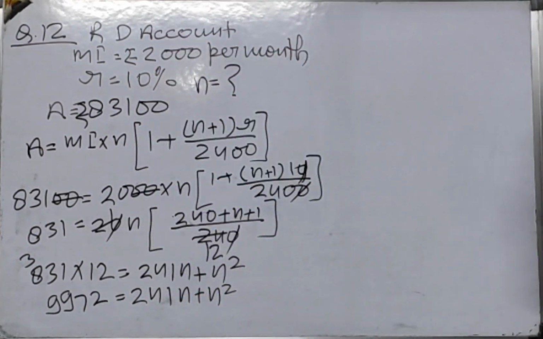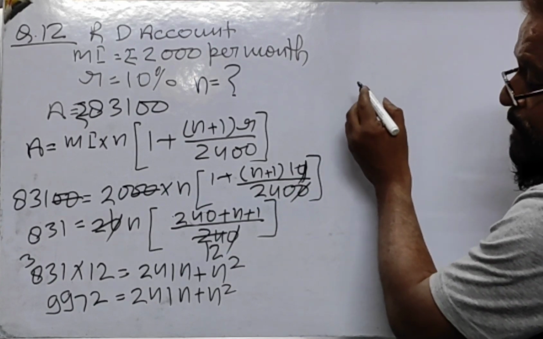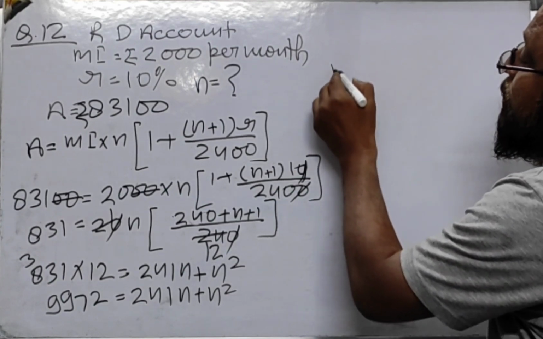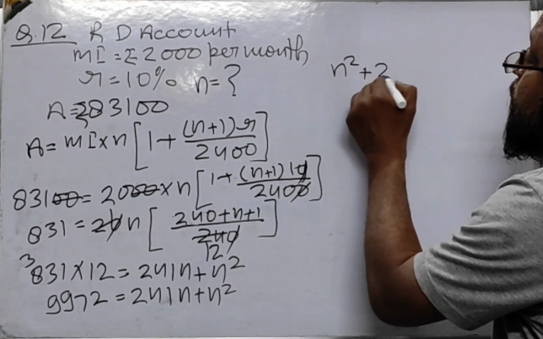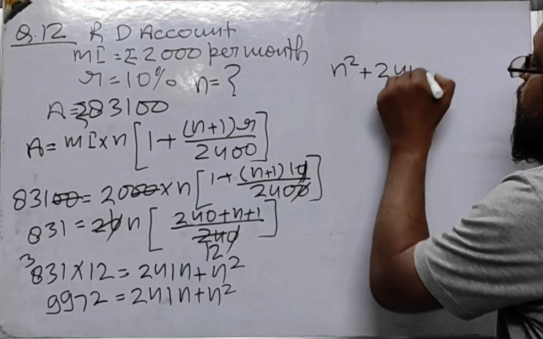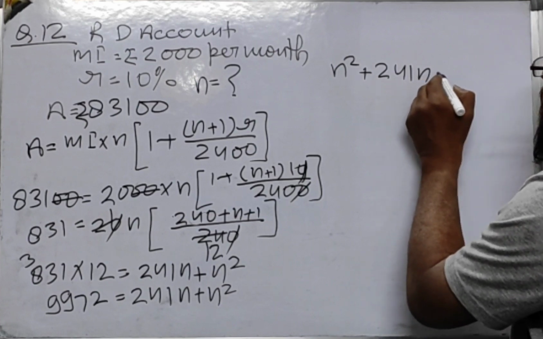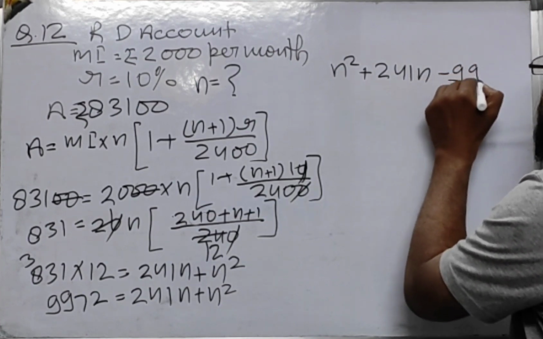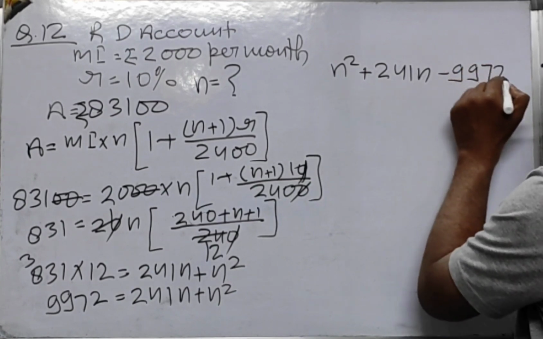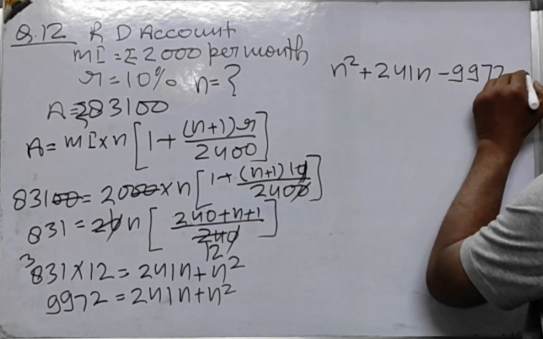Now again, in the same manner, we arrange n square plus 241n minus 9972 is equal to 0.